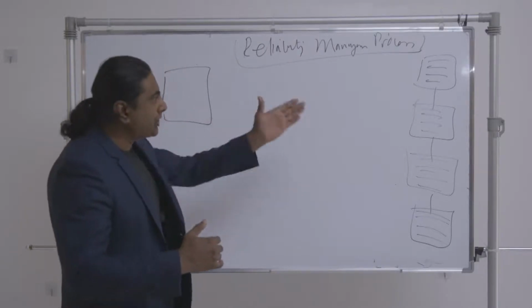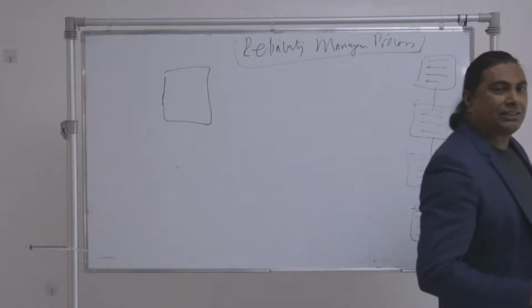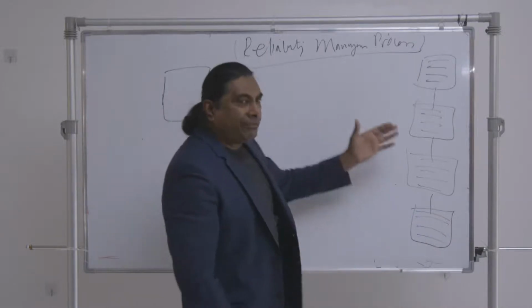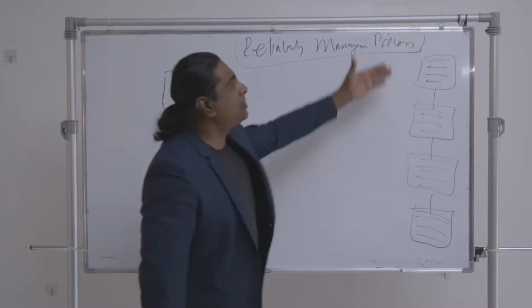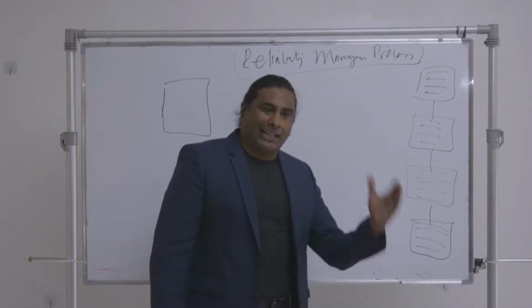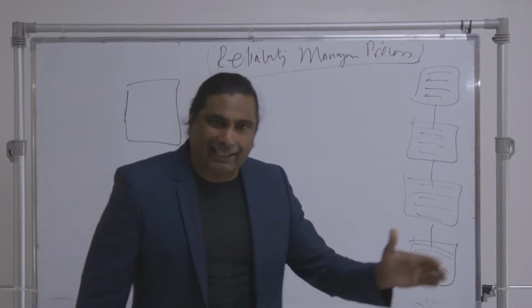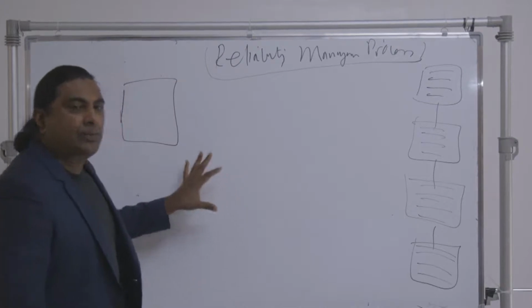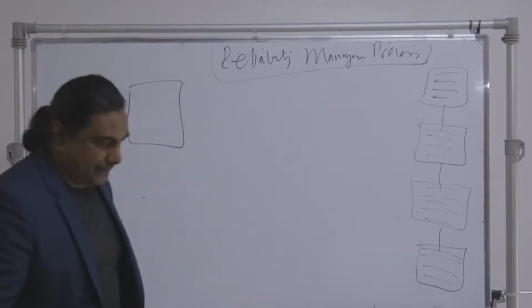So the process map is in effect the path that the patient, the client actually follows. Life in the space of reliability management begins with the process map. In other words, walk the path of the client. And then we've got a fixed reliability management process.